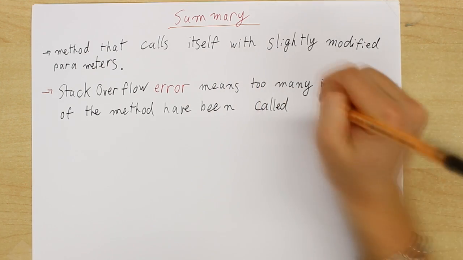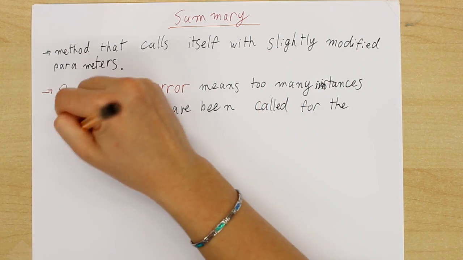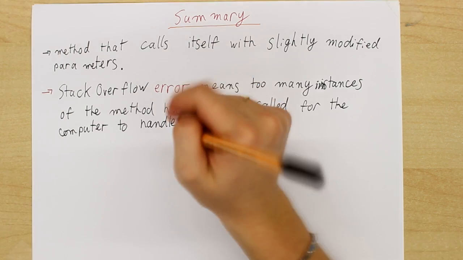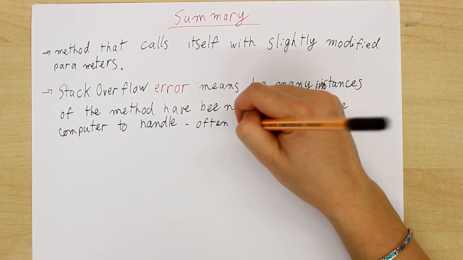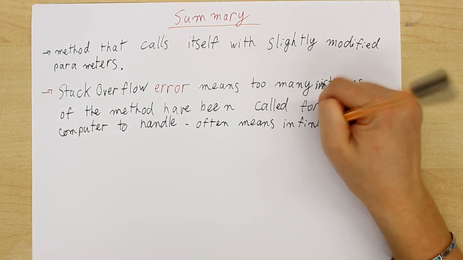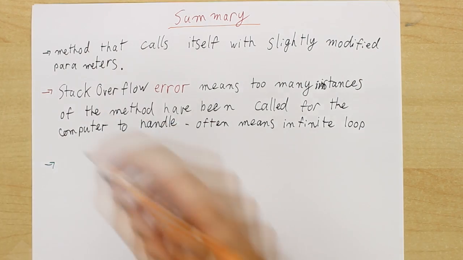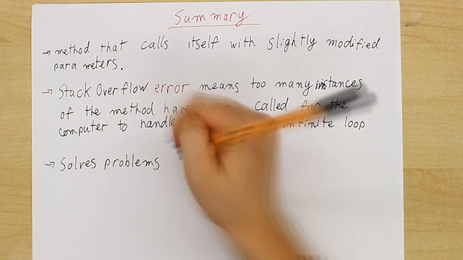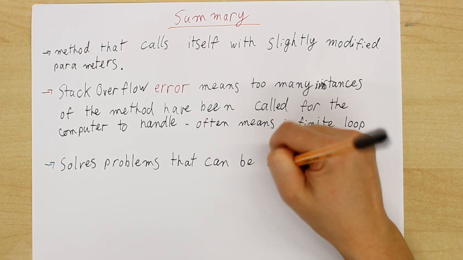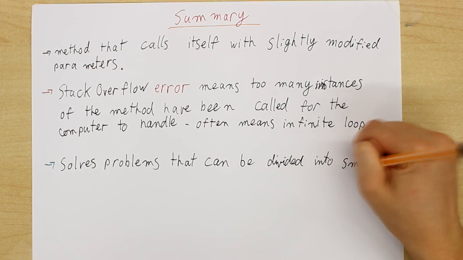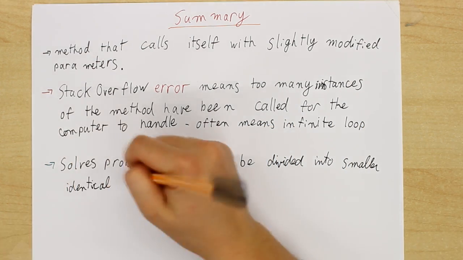So that is often a symptom of infinite recursion, although depending on the problem you're trying to solve, it might just mean that you need a different technique. So recursion lends itself to solving problems that can be divided into smaller but identical problems, like calculating powers or Fibonacci numbers.